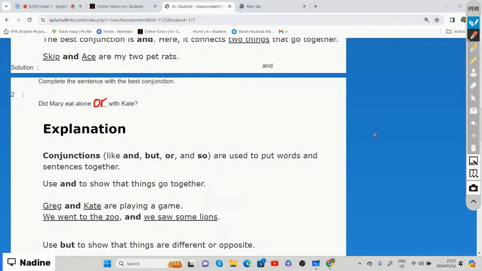All right. So we have the conjunction, which is or.